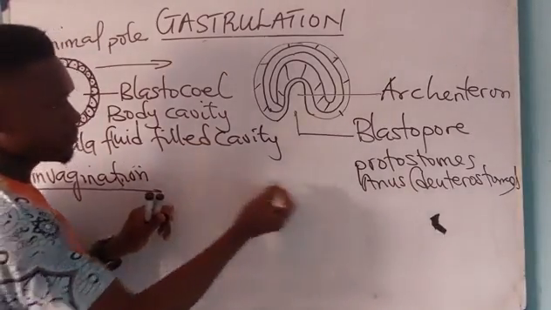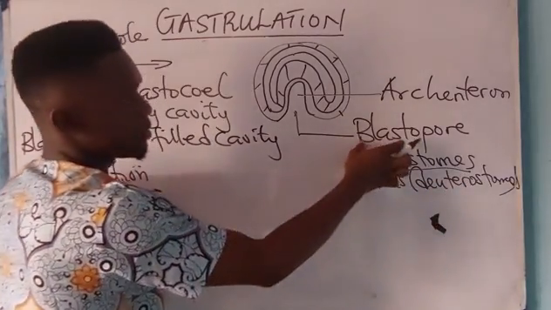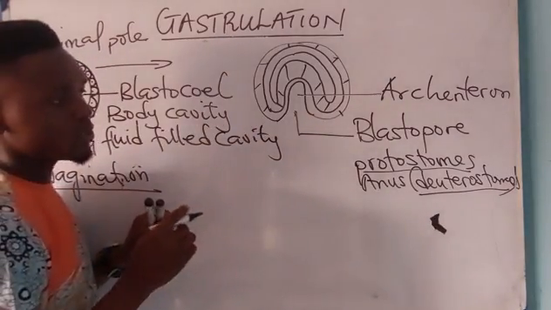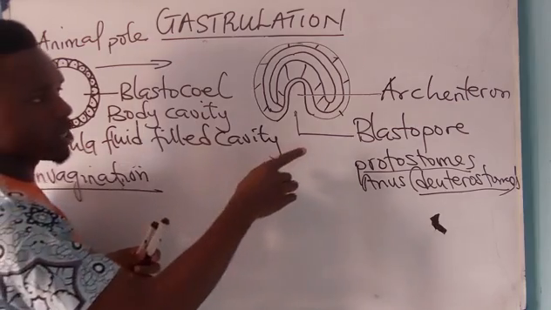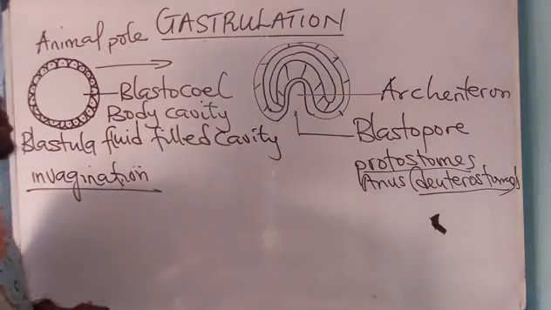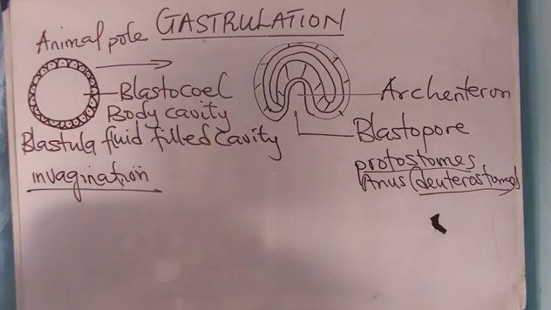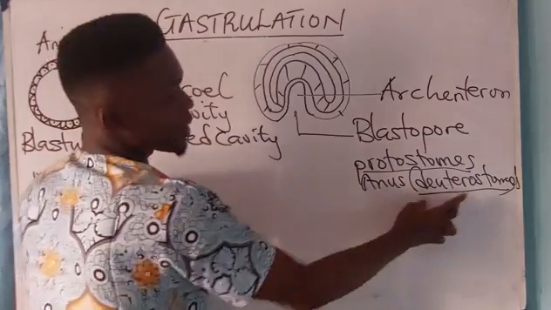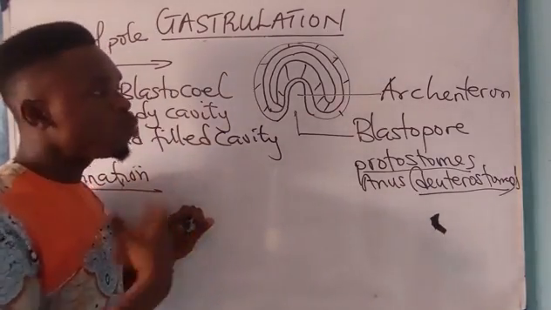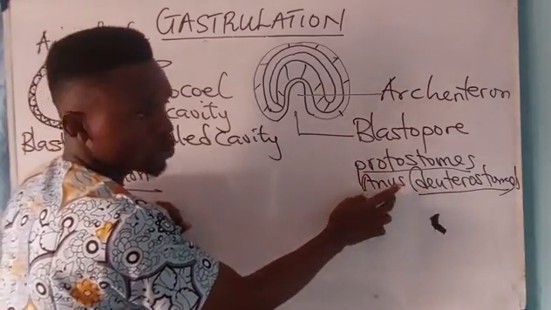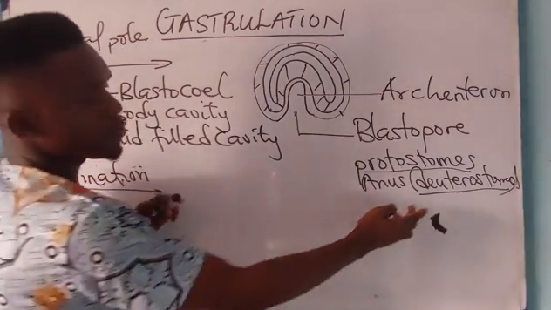Please permit me to say this: protostome is the mouth that the blastopore develops into, while deuterostome is the anus that the blastopore develops into. Now, we have different examples of deuterostomes. Deuterostomes are organisms whose blastopore develops into the anus. We have three striking examples of deuterostomes.